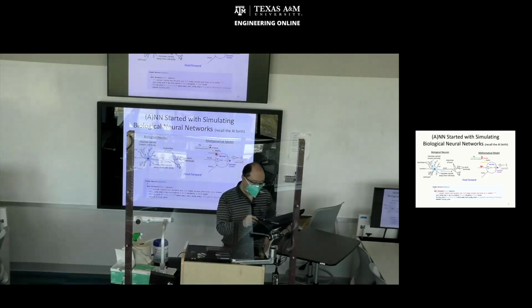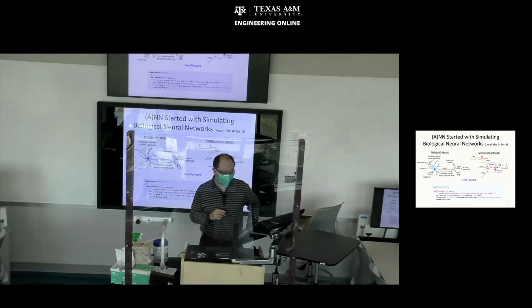Then there could be axons from other neurons, so there are different inputs x sub i, and they are weighted, summed, and reach the cell body. So that's the linear weighted sum.